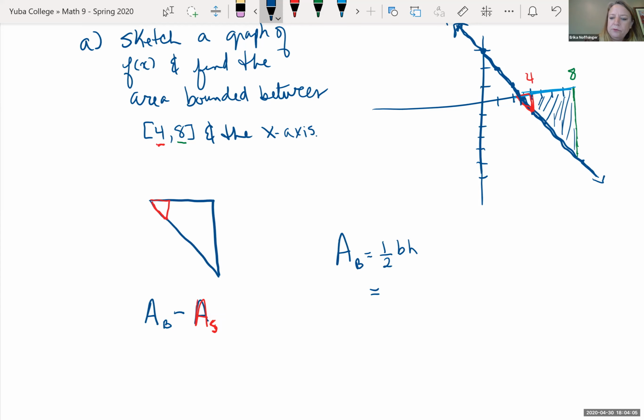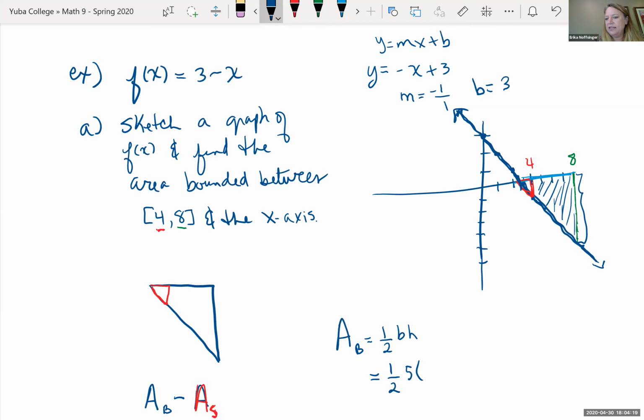So 1/2 times 5 times the height. So this height in here, well, when we had 8, if you plug that into your equation, 3 minus 8, that's negative 5. So this hits at negative 5 down here. So that means that this length in here is positive 5.